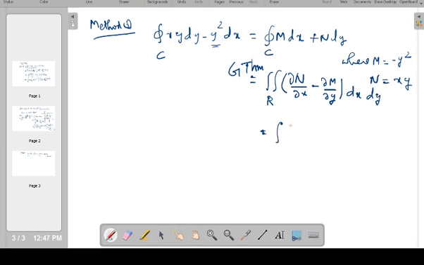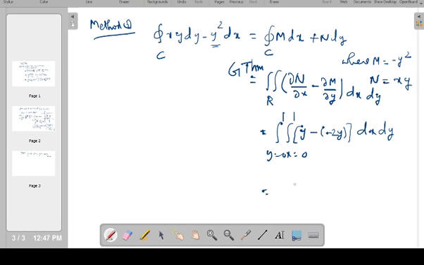So this is equal to the double integral of dou N by dou x, which is y, minus dou M by dou y, which is minus 2y, dx dy. Here x varies from 0 to 1, y varies from 0 to 1.